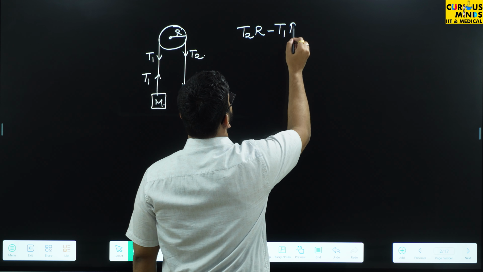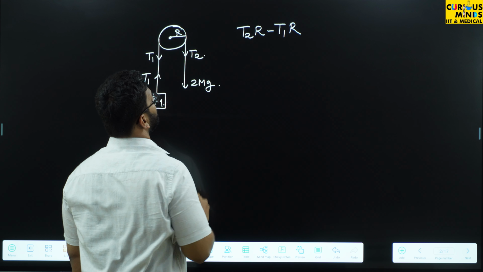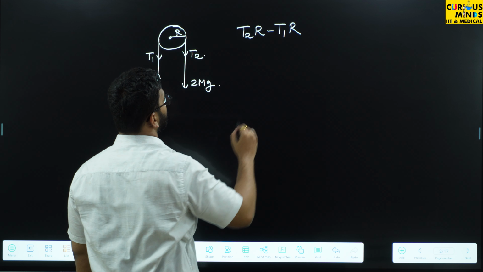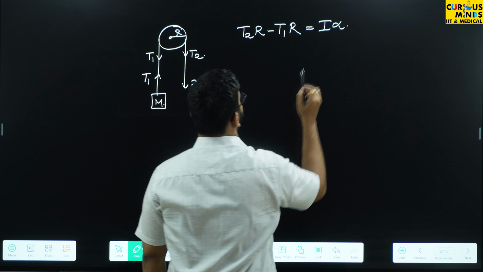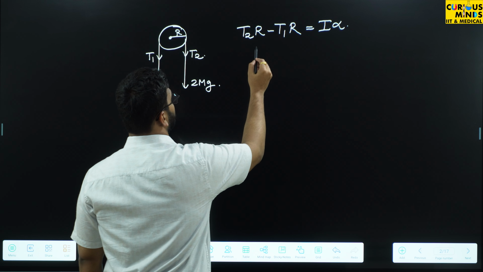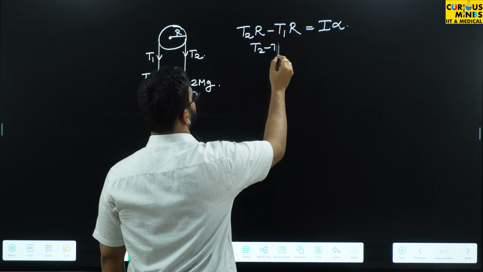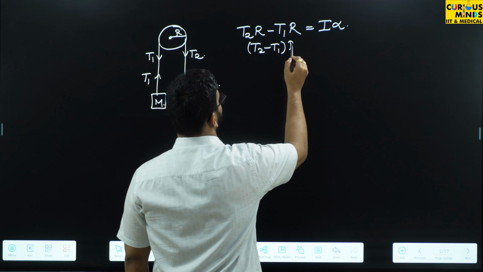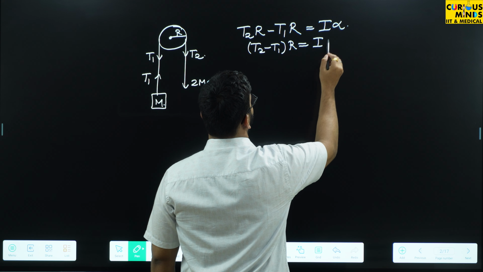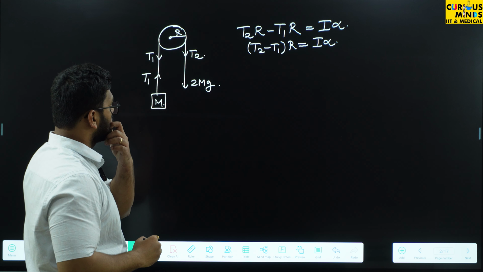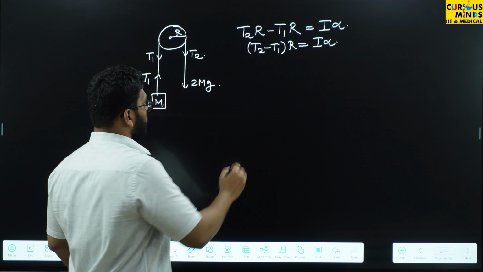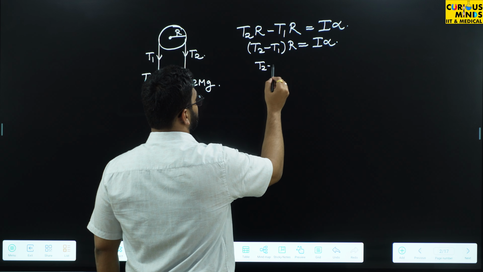So T2R minus T1R is equal to I times alpha. That is the basic form, or you can write it as (T2 minus T1) times R is equal to I alpha. This is the torque equation.